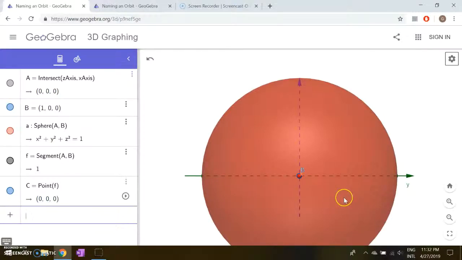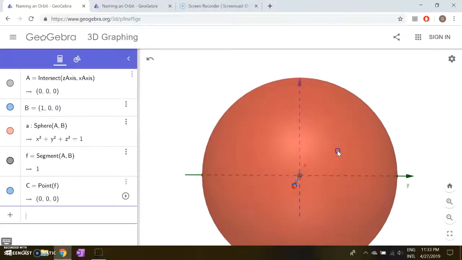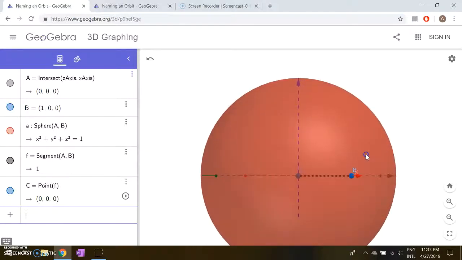One of them is going to be along the y-axis, which will make the ball appear to be rolling like so. And then another one will be about the z-axis, which will make the ball spin, kind of like a globe.